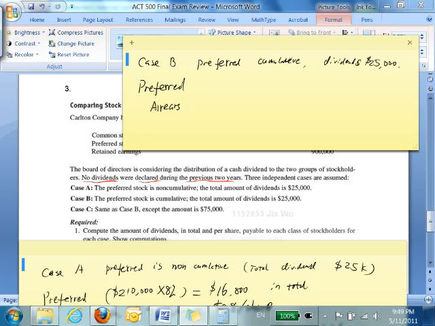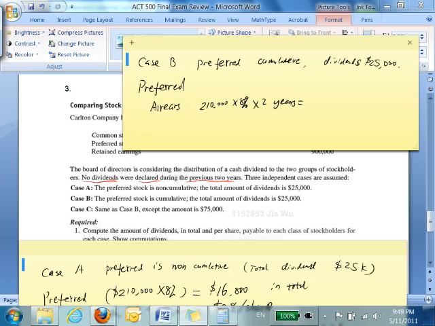So how many dividends were unpaid? In the previous 2 years, no dividends were declared. So 210,000 times 8% is the dividends per year, times 2 years.